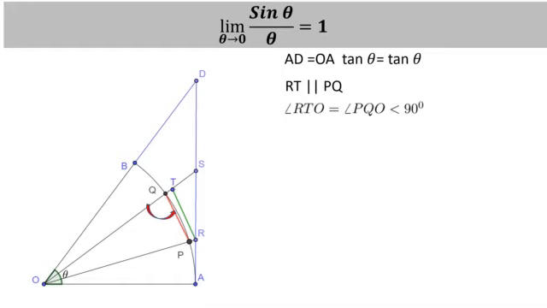That means angle RTO is also less than 90 degrees. But we see that angle RTS is the supplement of angle RTO. Since RTO is less than 90 degrees, angle RTS will be more than 90 degrees.